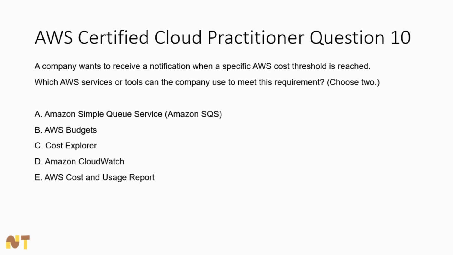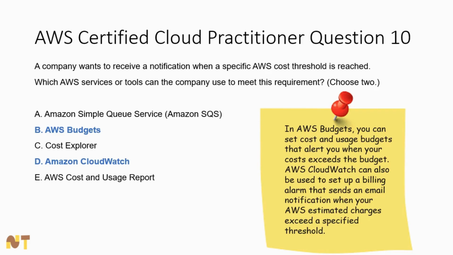In AWS Budgets, there is a feature where you can set cost and usage budgets that alert you when your costs exceed or are expected to exceed your budget amount. And Amazon CloudWatch can be used to set up a billing alarm that sends an email notification when your AWS estimated charges exceed a specific threshold. These alerts are triggered by CloudWatch and sent to you using Amazon SNS. Hence, the correct answers are B and D.